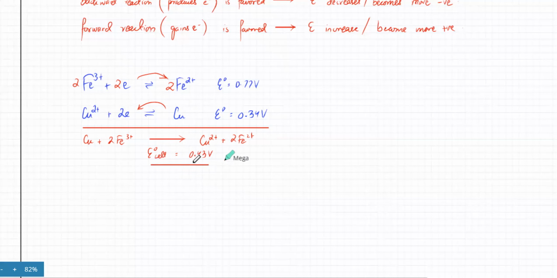So the question now is, how can you make it more feasible? Or how can you increase the E naught cell?